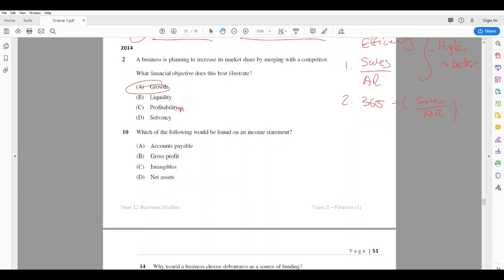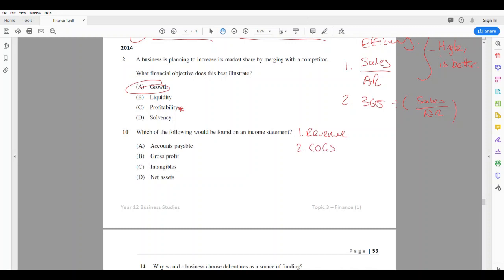Same for question 10. Which of the following will be found on an income statement? Let's think about what we have on the income statement itself. So we always have revenue. That's all our sales coming in. 2, we have our COGS.